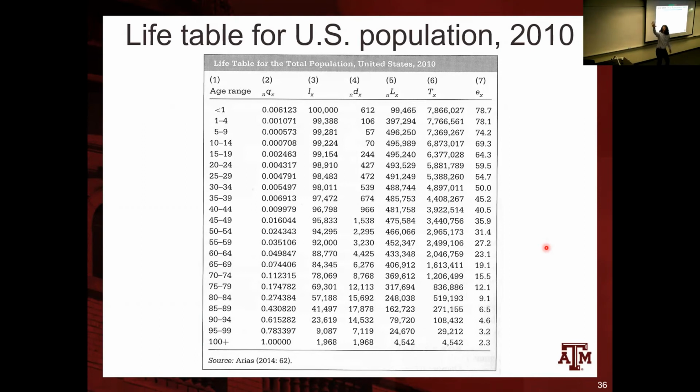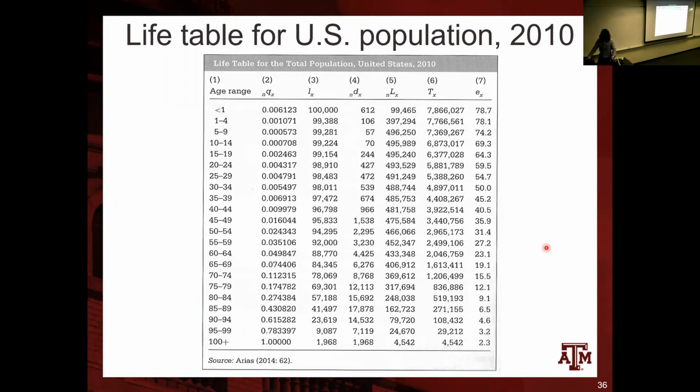So from deaths and population, we get mortality rates. From mortality rates, we get mortality probabilities, the QXN. And then we start to expose a group of people to those chances of dying. If we have 100,000 people being born, and we expose them to this chance of dying between the ages of 0 and 1, if I multiply this number by this number, I get 612 people dying.